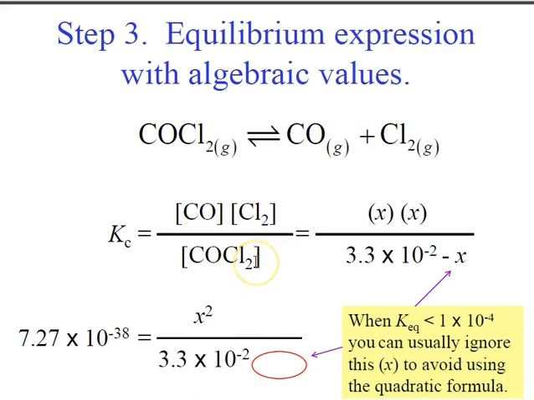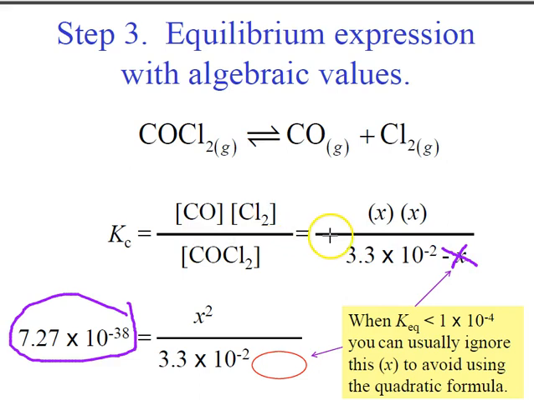And then for the COCl2, for that compound, that was 3.3 times 10 to the negative 2. If I look at my K value, it is much less than 10 to the negative 4th. It's 10 to the negative 38. So I can negate this x that is subtracted.